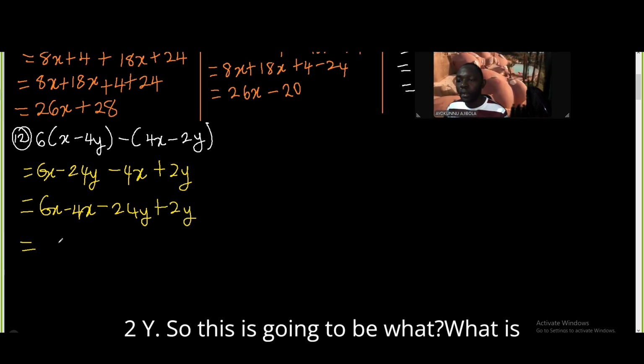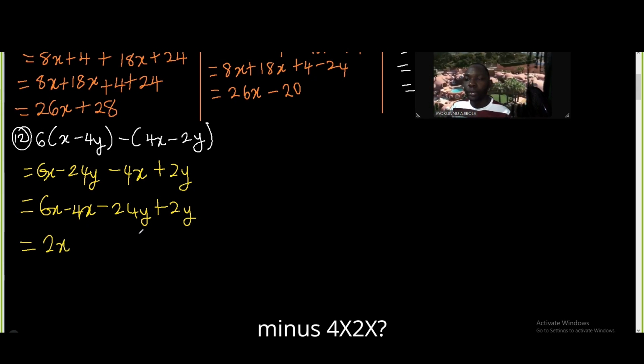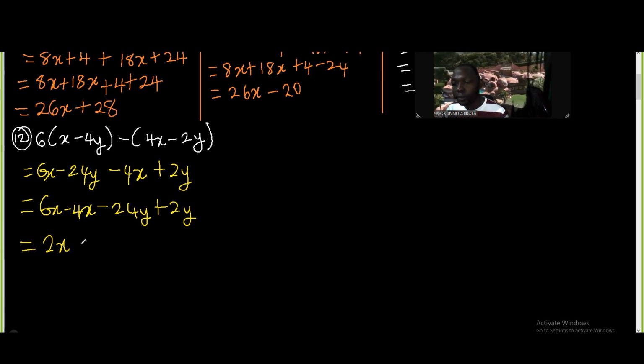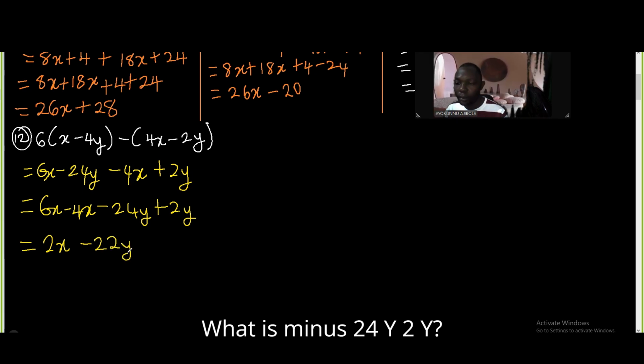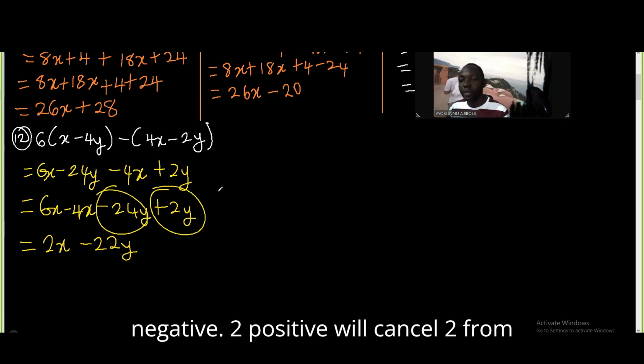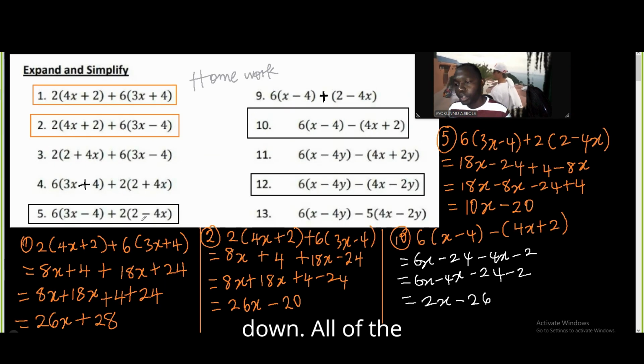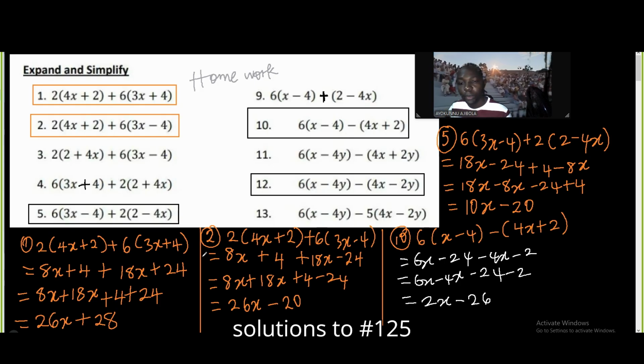What is 6x minus 4x? 2x. What is minus 24y plus 2y? Minus 22y, because this is positive, while this is negative. 2 positives will cancel 2 from the negatives. All right, so you can put down all of the solutions to number 1, 2, 5, and 10.